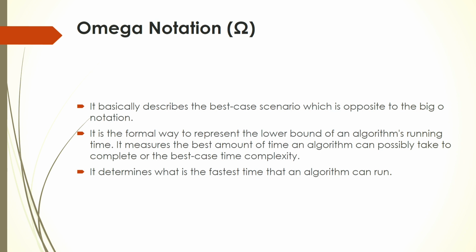It determines the fastest time that an algorithm can run. So, if we require that an algorithm takes at least a certain amount of time without using an upper bound, we use the Greek letter omega. It is used to bound the growth of running time for large input size.